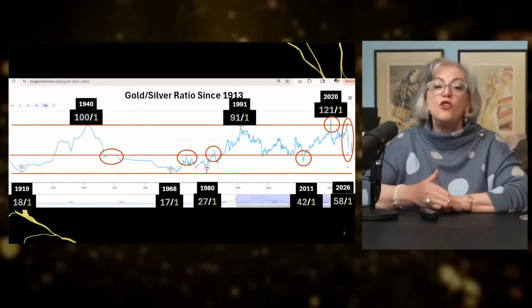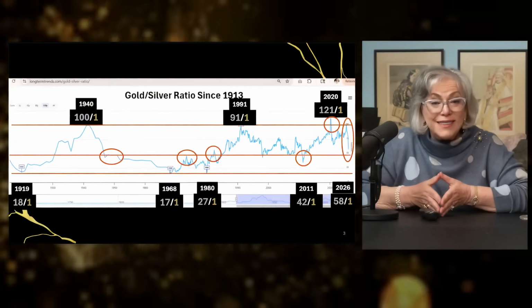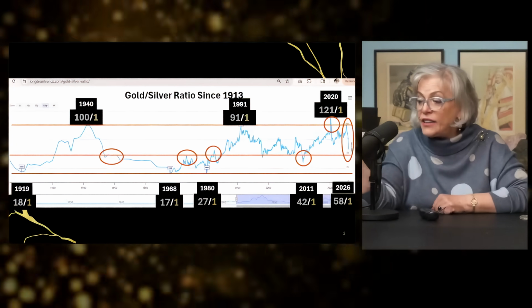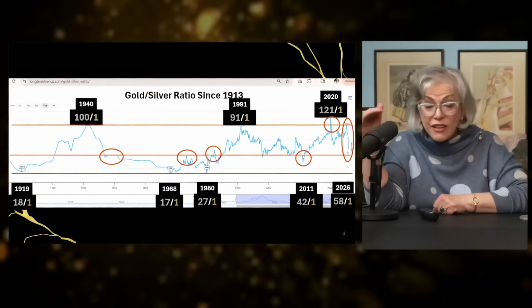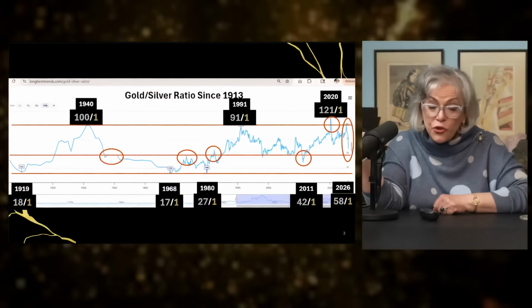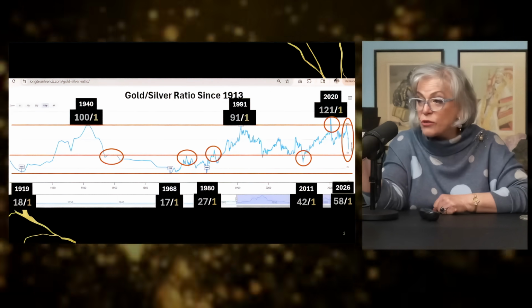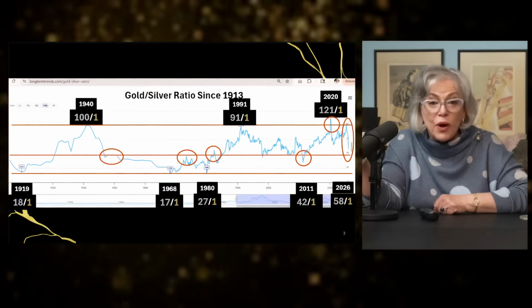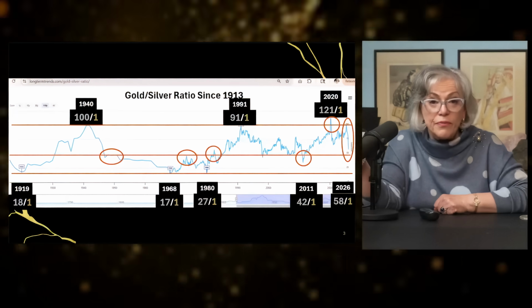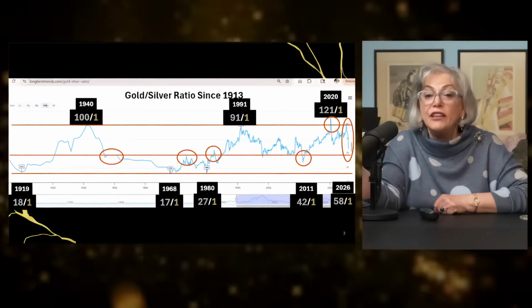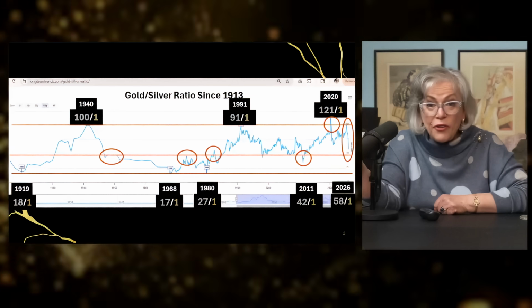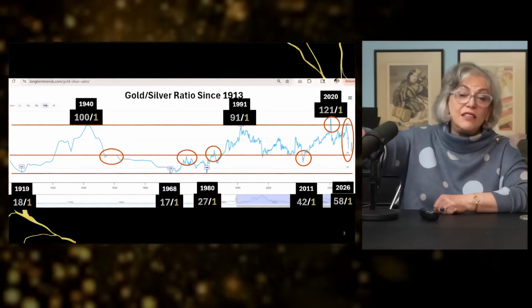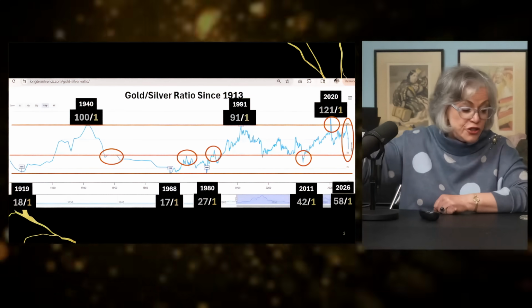So if you're thinking about doing this as a trade, pay attention to this, and you have the links to everything anyway, so you can even go onto long-term trends and pull this particular chart. See if it breaks below that 50-to-1. If it does, then it's more likely to go down. If you're thinking about this as a trade, then this chart is the one for you to pay attention to.